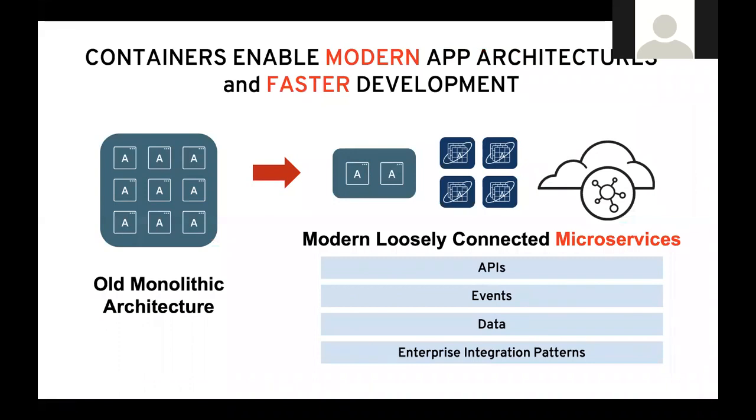So if I want to summarize basically how modern application architectures work, or give you another idea, we look at old monolithic architectures, which have been built in our data center in the past decades. And what Red Hat can do is that we have full consultancy and professional services to help you look at your existing application landscape and provide you the best approach to take your old monolithic application that you see on the left-hand side and look at areas where we can decompose this application into multiple components.